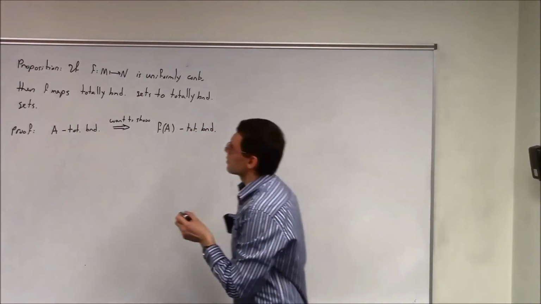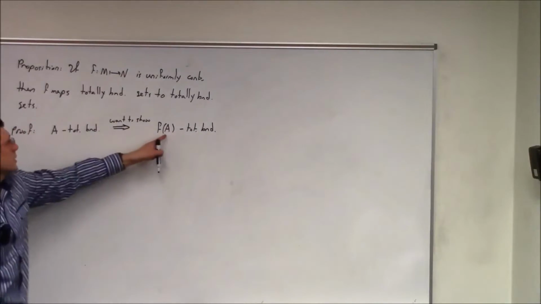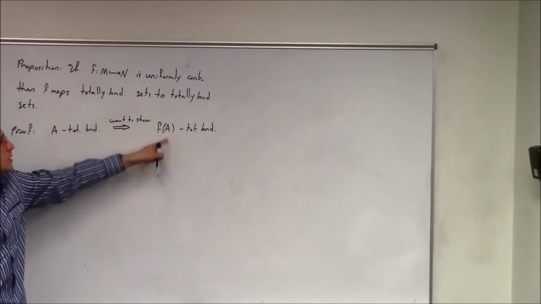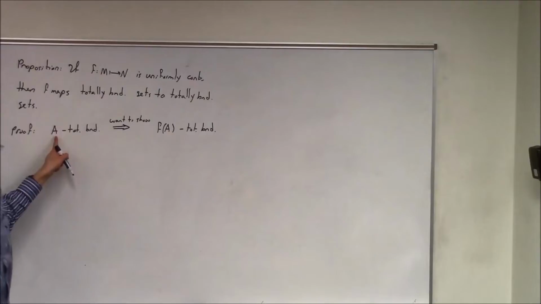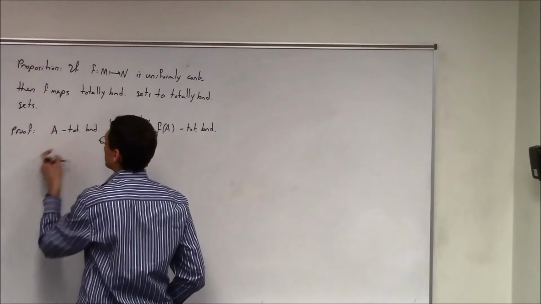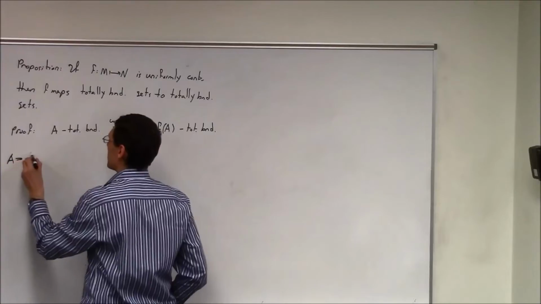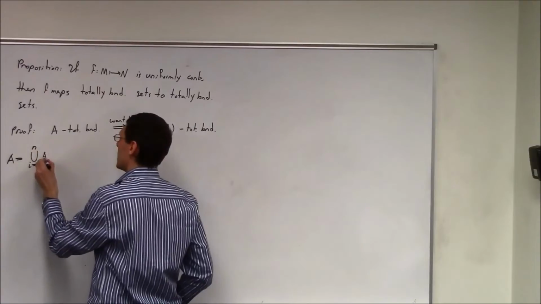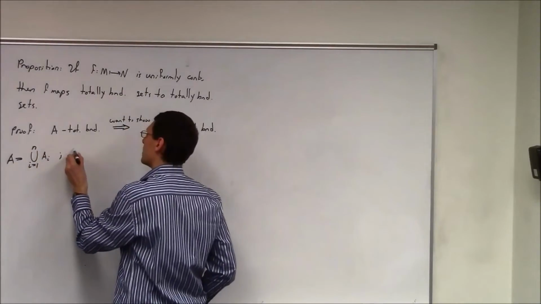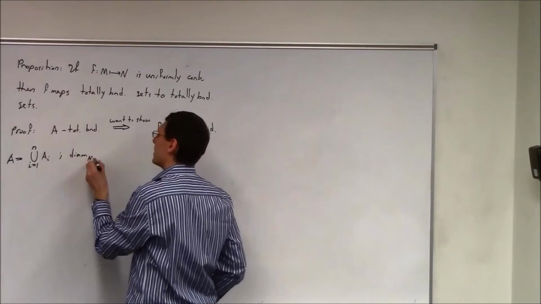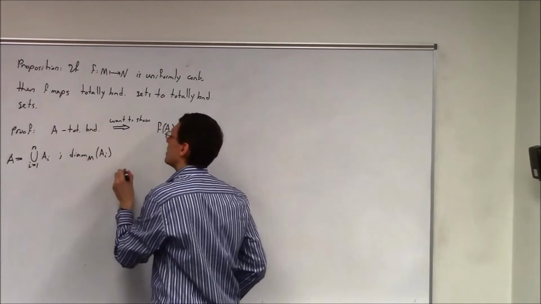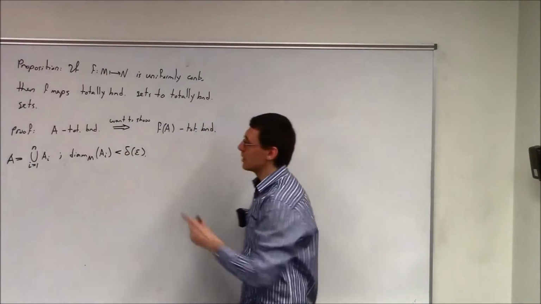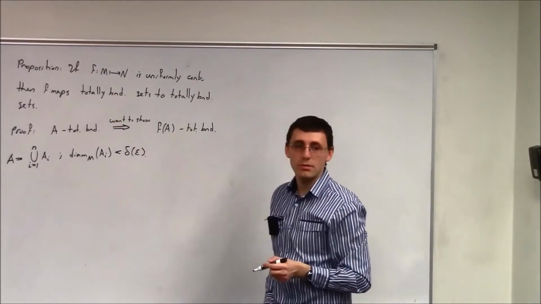Now, how do I establish that it's totally bounded? The easiest way is to tear this set into pieces and show that there are only finitely many small pieces. So I can do that by tearing the set A into small pieces. If A is totally bounded, I can say that A is equal to the union of i from 1 to n of A sub i, where diameter in M of A sub i is less than delta of epsilon, where the delta of epsilon comes from the fact that the function is uniformly continuous.